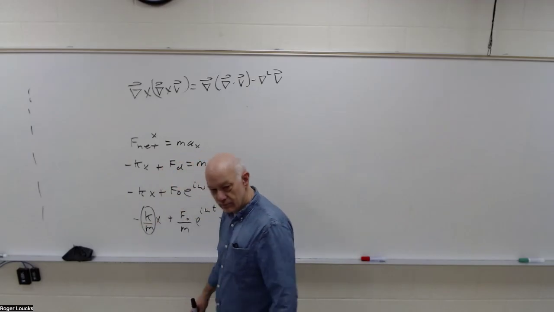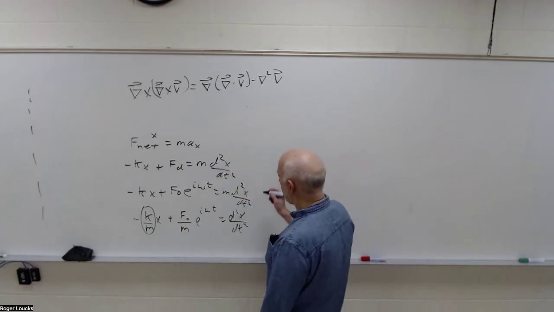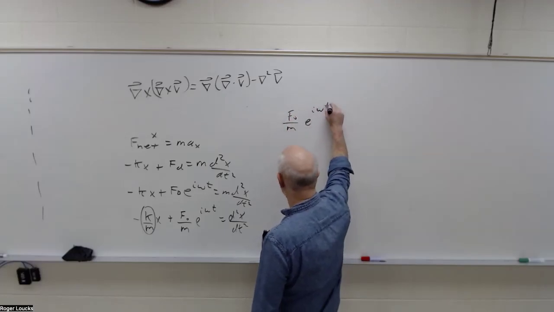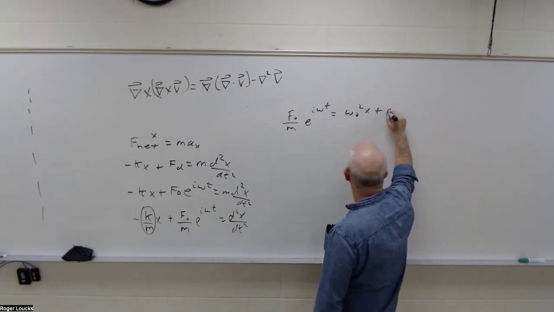This guy is omega naught squared. So I rewrite this as F naught over m, e to the i omega t, equals omega naught squared x plus this guy.